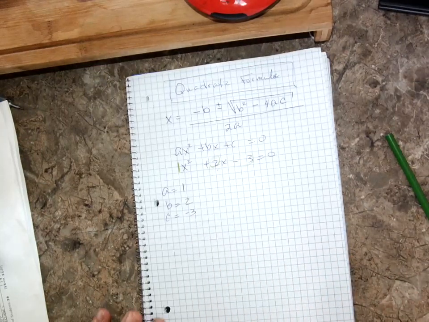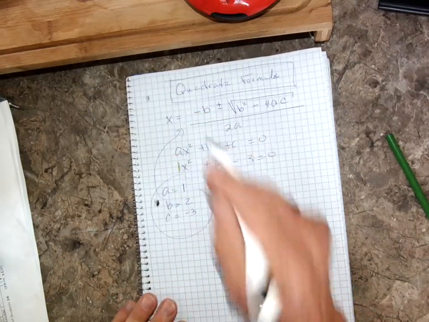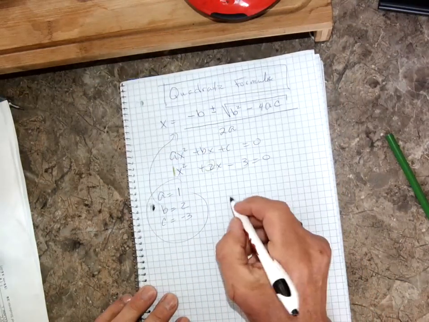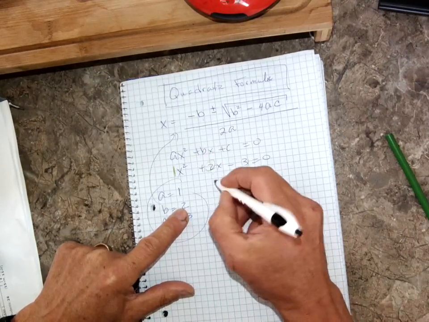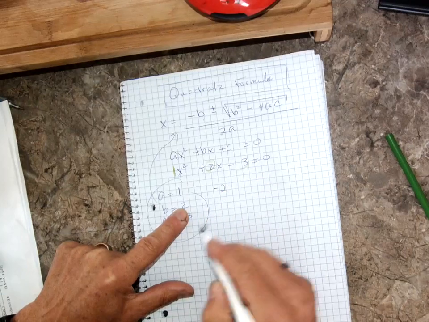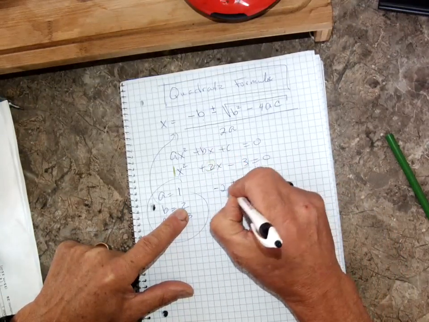Okay, so we are going to plug these numbers into our formula. We're going to have negative b, so we're going to put a negative 2 right here, because b is 2, plus or minus, because there are two answers.